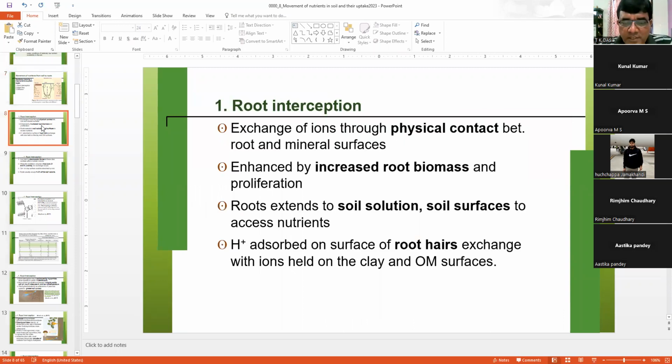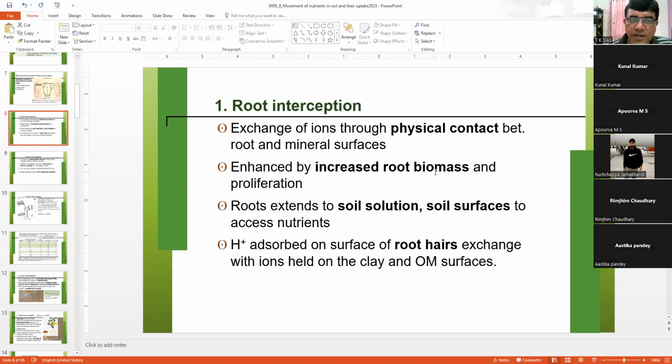Now, root interception. Exchange of ions through physical contact between root and mineral surface. So root can directly come in contact with minerals, enhanced by increased root biomass and proliferation. So if you have more root biomass or more proliferation or expansion of roots, then they will come in contact with a larger volume of soil.